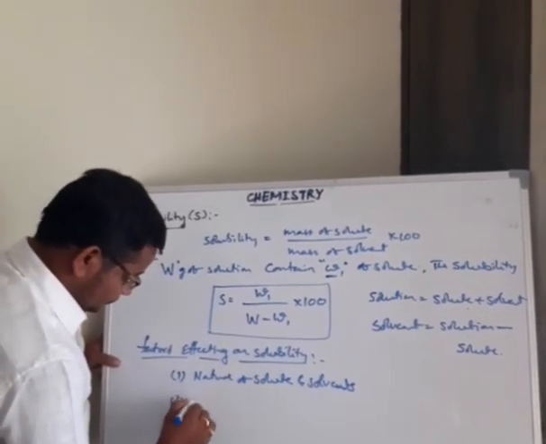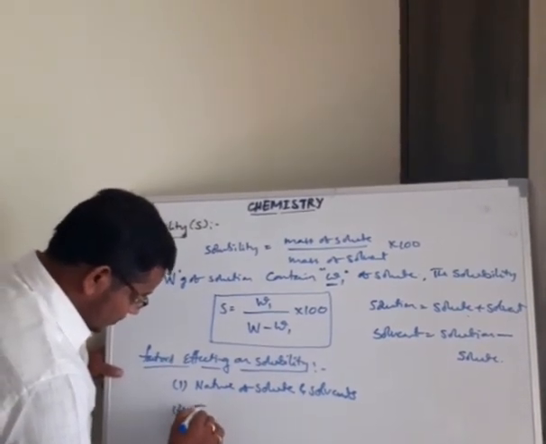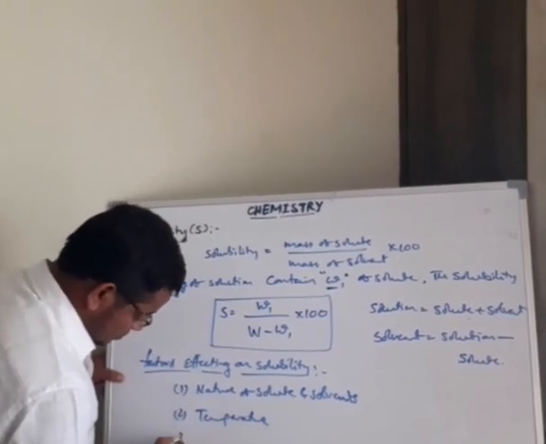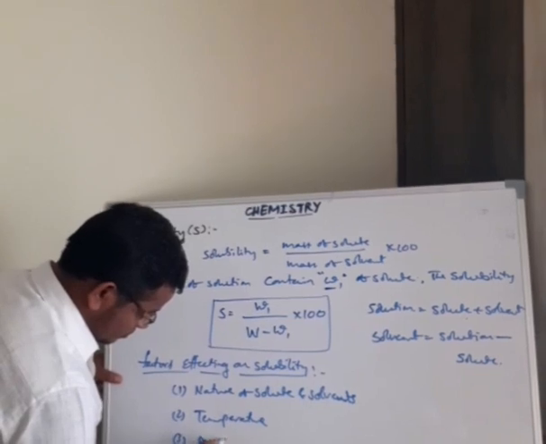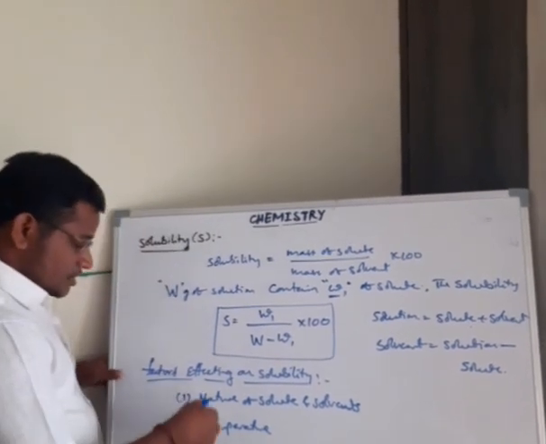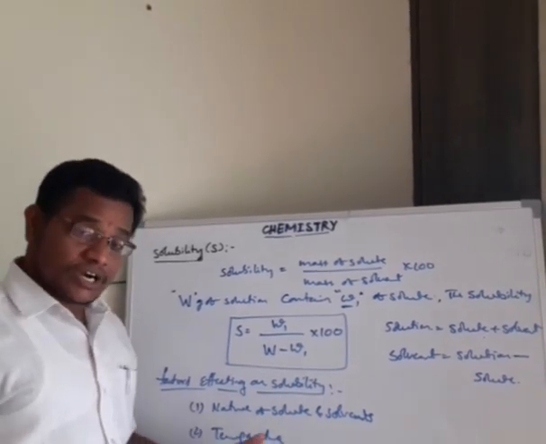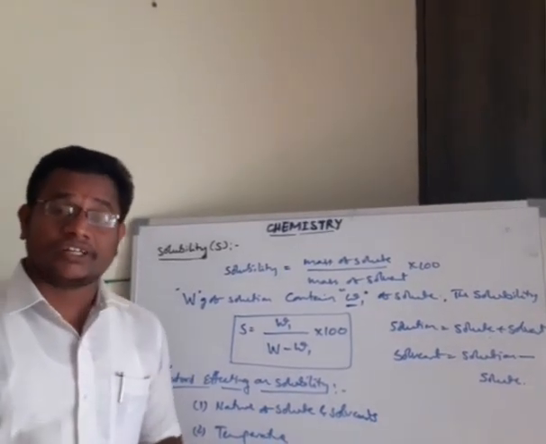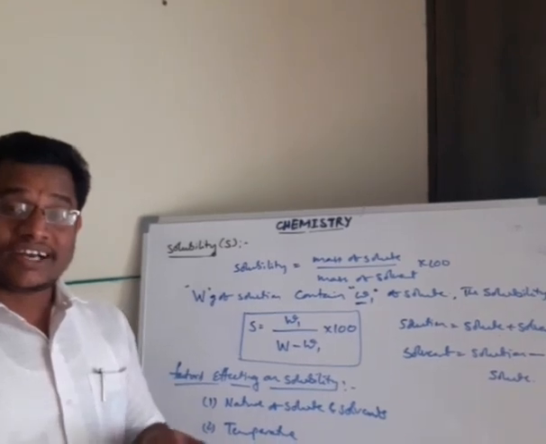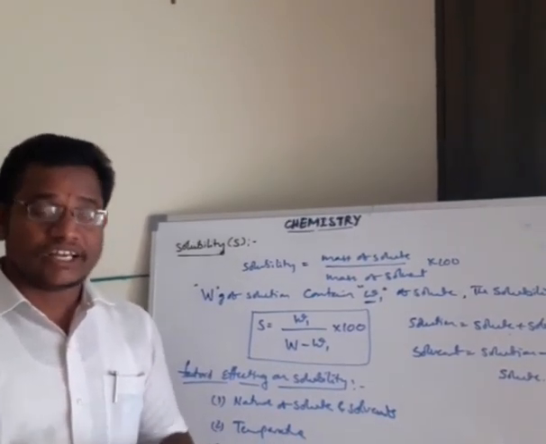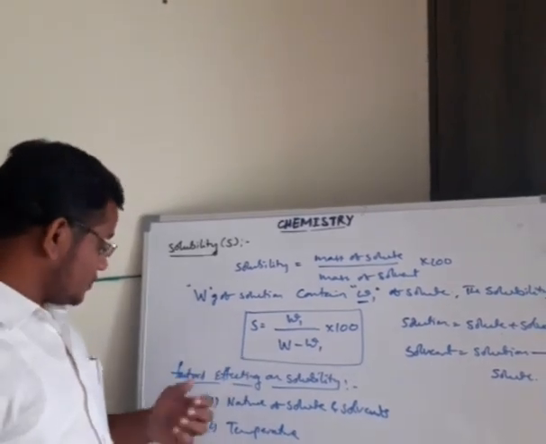Second one is temperature. Third one is pressure. These three factors, the nature of solute and solvent, temperature and pressure, affect the solubility of solids in liquids or solubility of gases in liquids. So that is about the concept.